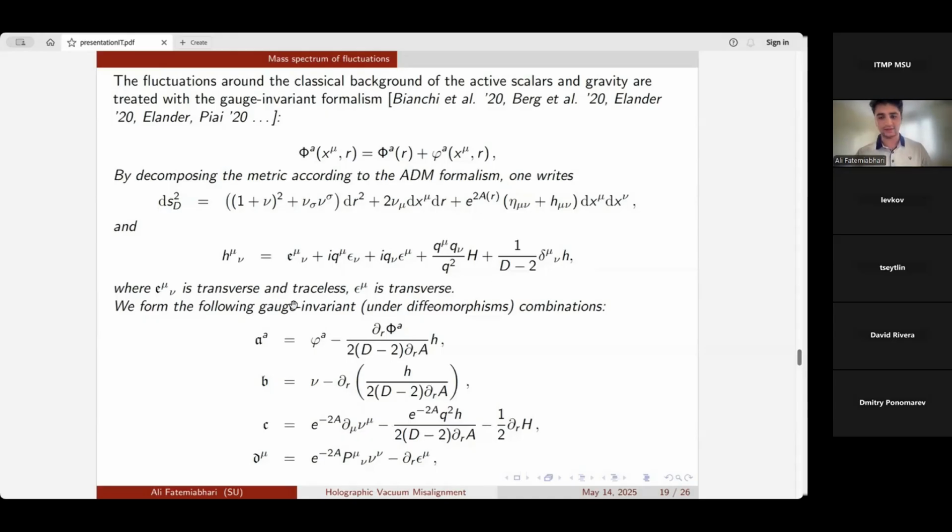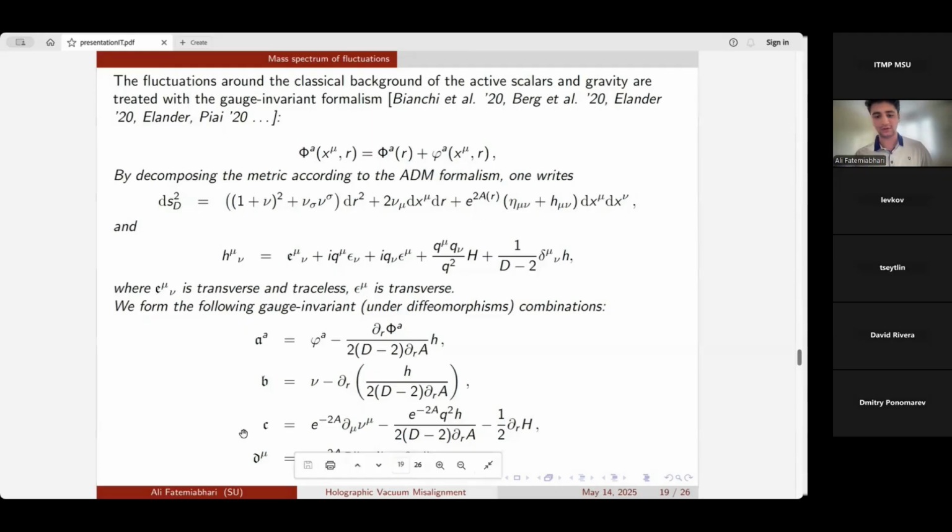And there are specific combinations in this setup which give gauge invariant combinations that survive the process of diffeomorphism. For example, the important part for us is this A, called the A fluctuations, which mixes the fluctuations of the scalar with the trace of the metric.